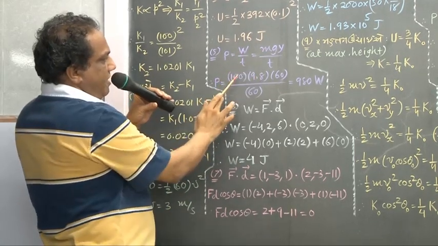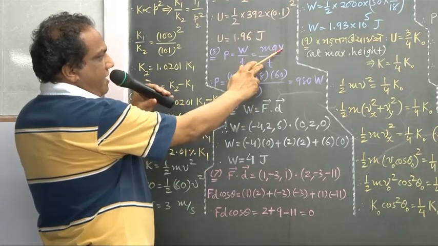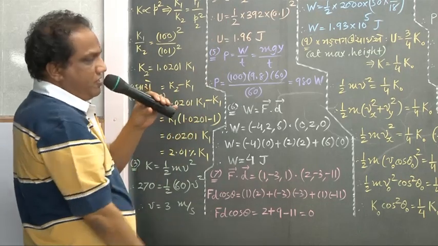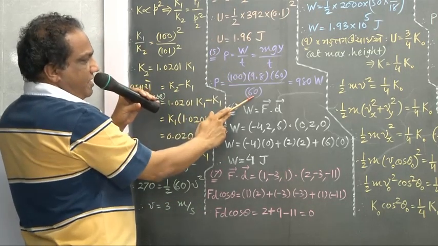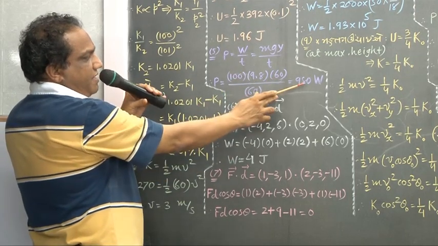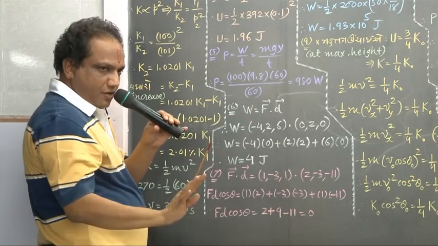Now mass of the body is 100 kilogram, g value is 9.8 meter per second square, height achieved by the body is 60 meter, but this work is done in 1 minute, and you know 1 minute is 60 seconds. 60 will cancel, 9.8 into 100, it is 980. Unit of power is watt.